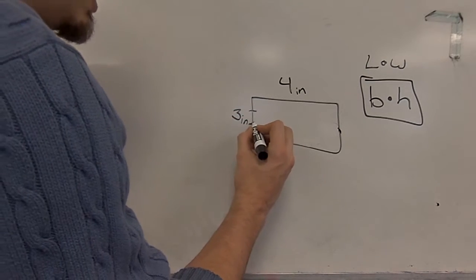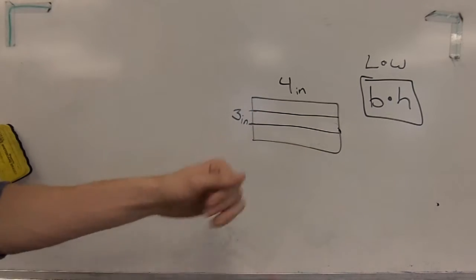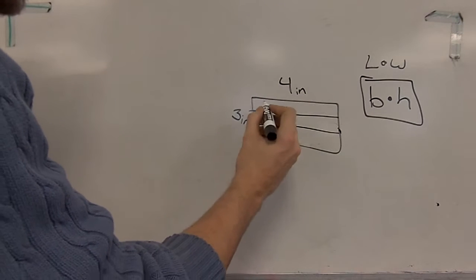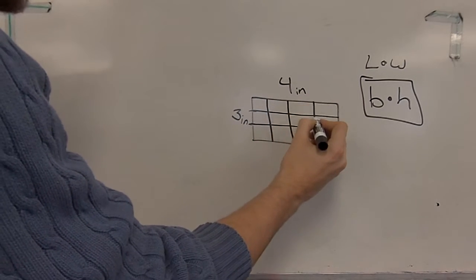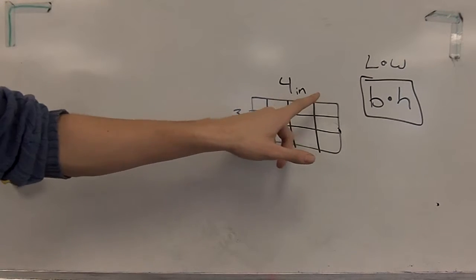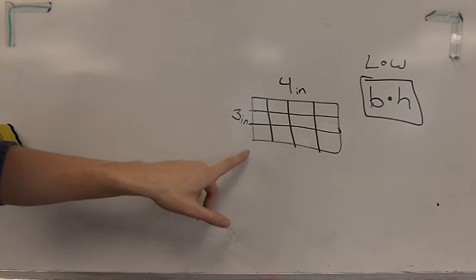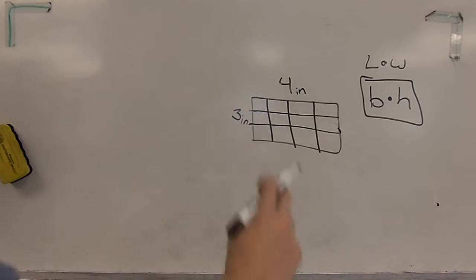So we have 3 rows that are 1 inch high. We have 4 columns that are 1 inch wide. And so we have 3 sets of 4 columns, or we have 4 sets of 3 rows. In total, we have 12, or 3 times 4, 1 inch by 1 inch squares.